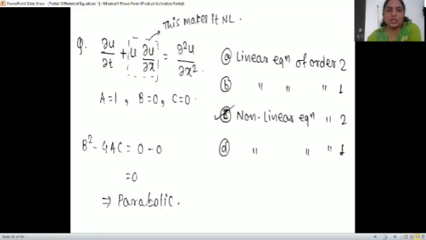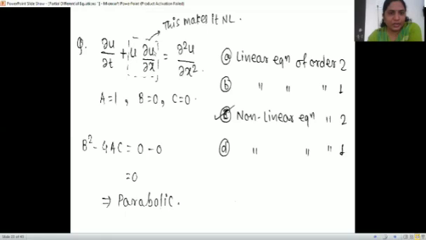If the equation is a parabolic equation, the options are different: linear equation of order 2, linear equation of order 1, non-linear equation of order 2, non-linear equation of order 1. So whether it is linear or non-linear. What we call linear is when the multiplication of two derivatives should not be there, and multiplication of a derivative with the dependent variable should also be avoided.